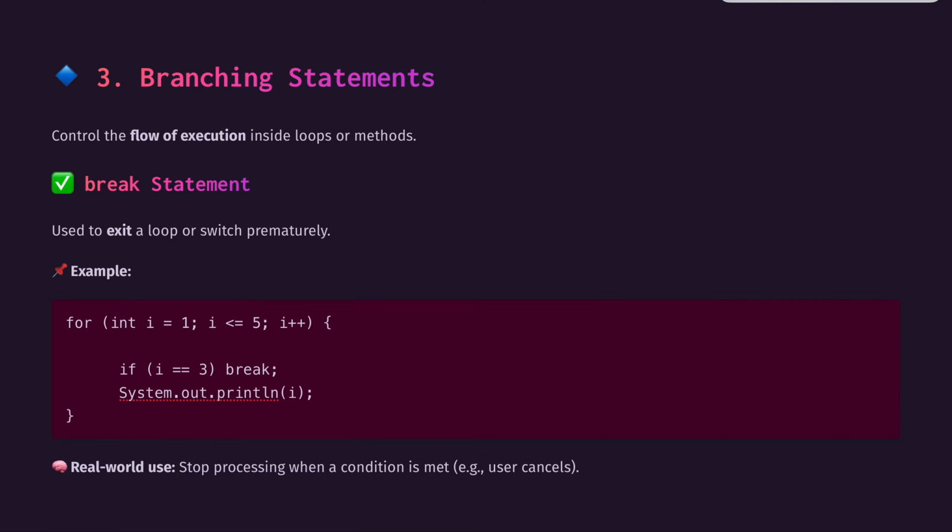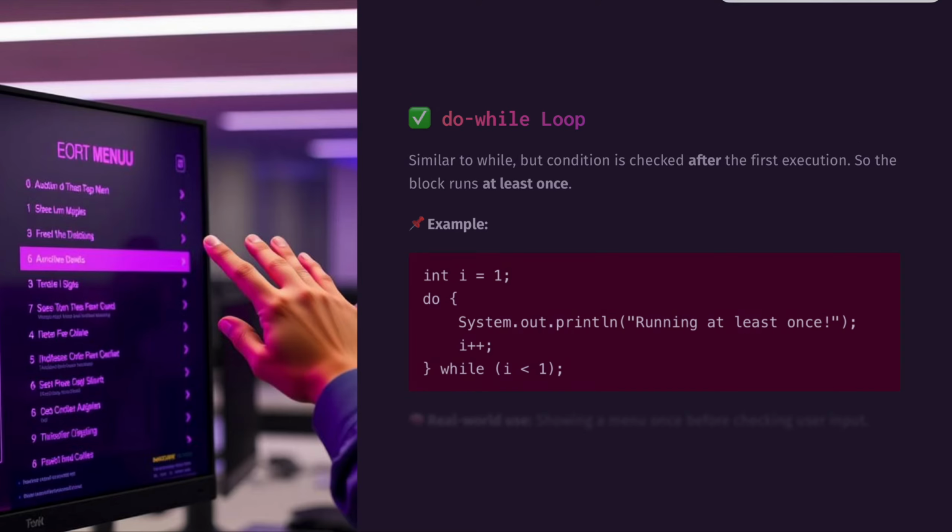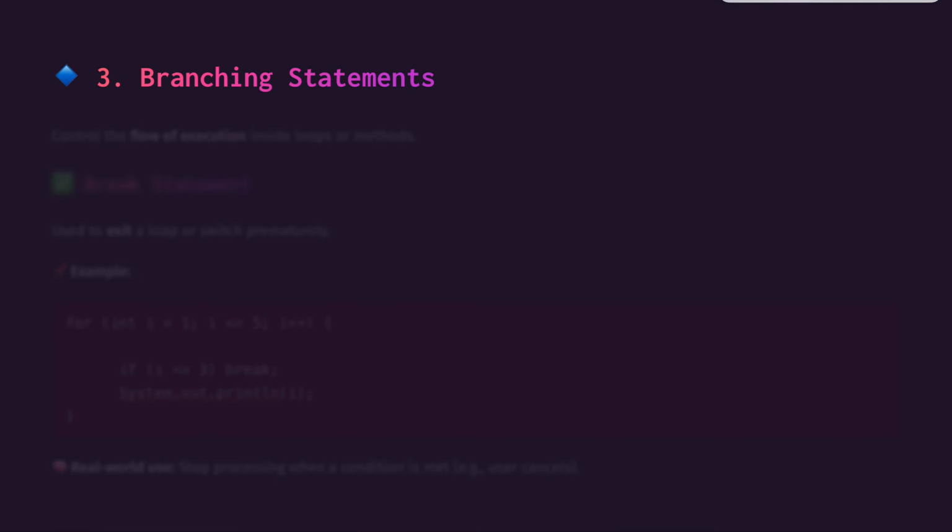Next, branching statements. We have seen looping statements. Now the branching statements. Branching statements control the flow of execution inside a loop or method.